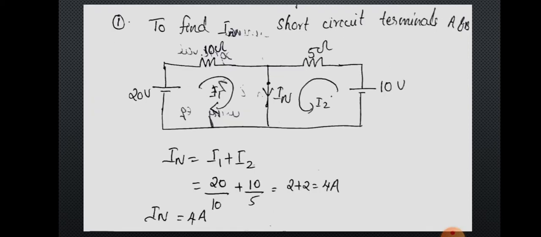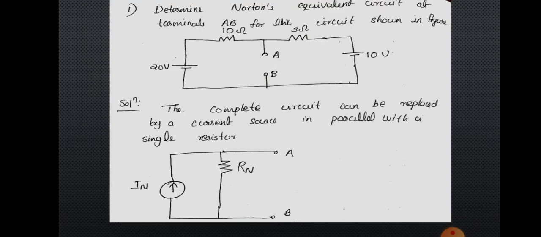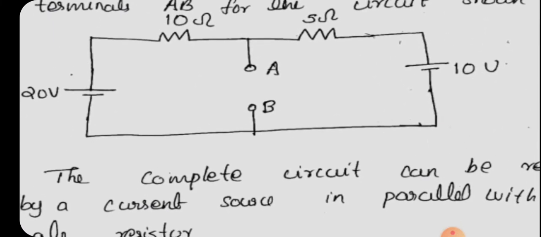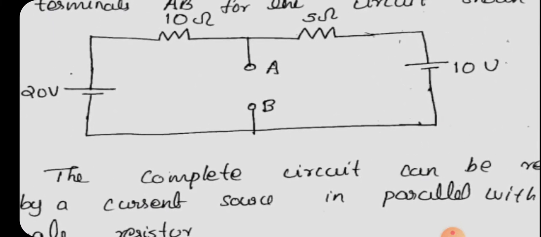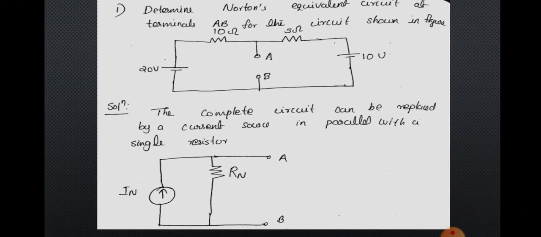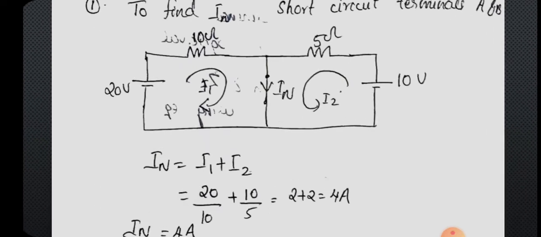For finding out IN, we know that the terminals should be open circuited. Sorry, the terminals should be short circuited. Okay, so the terminals are A and B. Here in the question the terminals are A and B. We have to short circuit those terminals. So we will get a circuit diagram which is shown in the figure, like this.